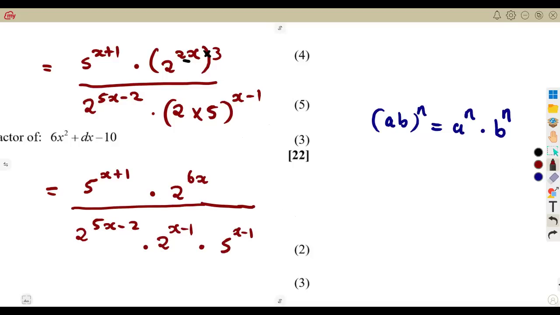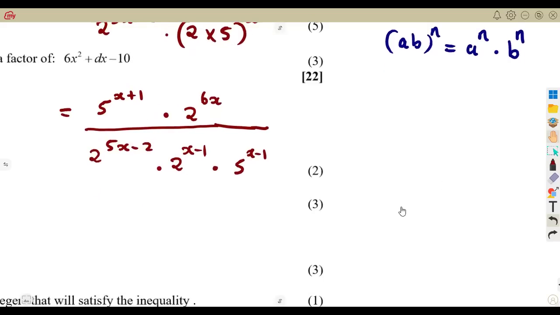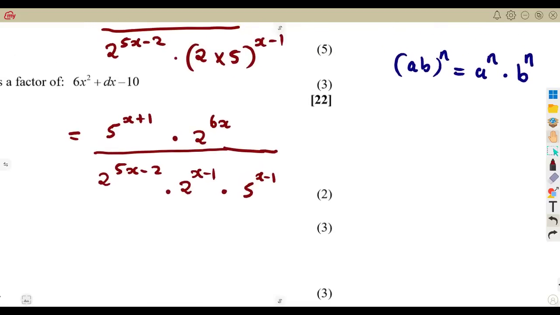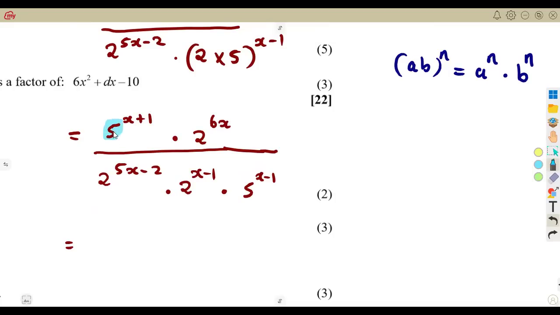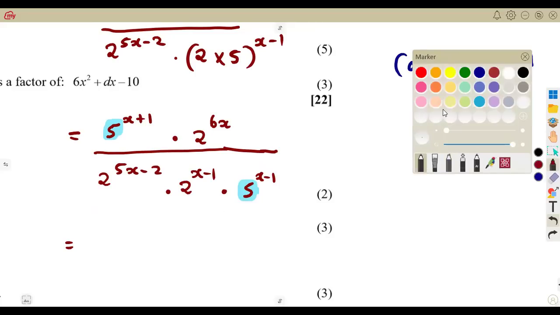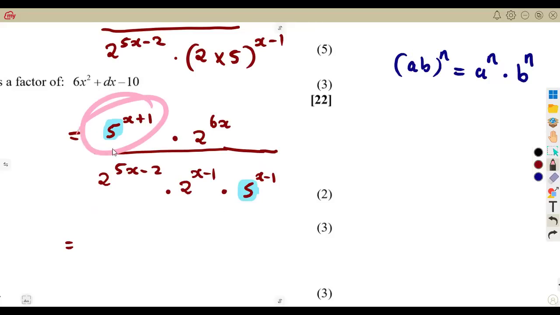So at this stage, I will advise you to just work with the bases that are the same, because we consider, is it a multiplication or is it a division? Working with the base of 5, we can see that there is a 5 here. There's also a 5. That is a division, because we are saying this term divided by this one.